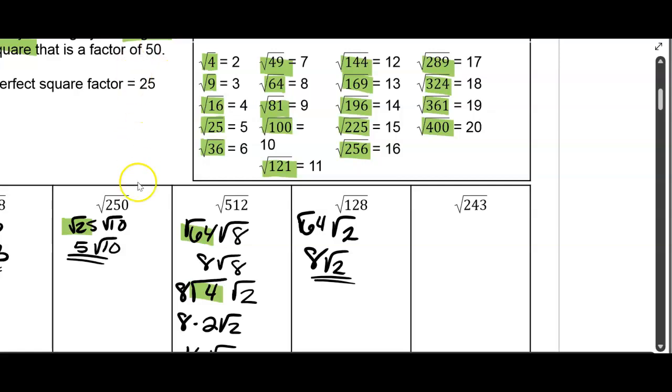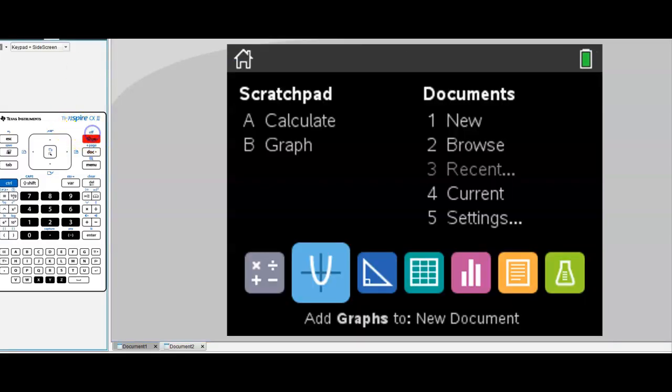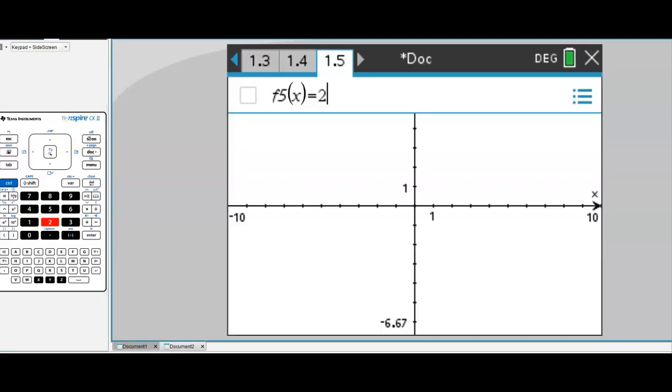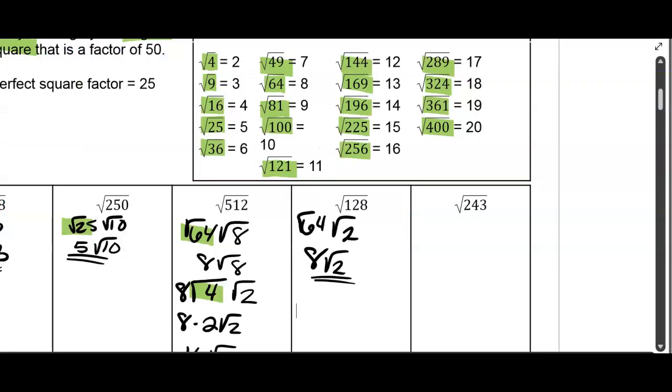And then 243. So we're going to look here, and we're going to say, okay, 243 divided by x, Control P, and I'm going to look for my perfect squares. I know 81 is a perfect square. It's 9 times 9. So we're going to use 3 and 81. And remember, I like to write the perfect squares first.